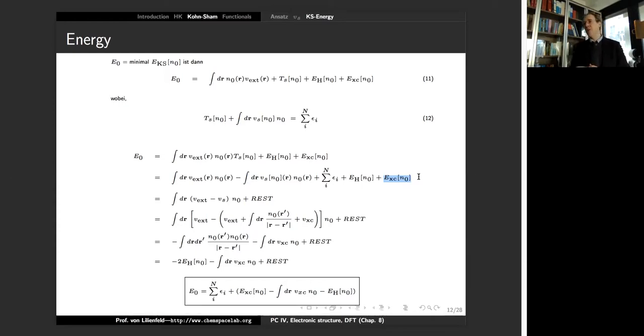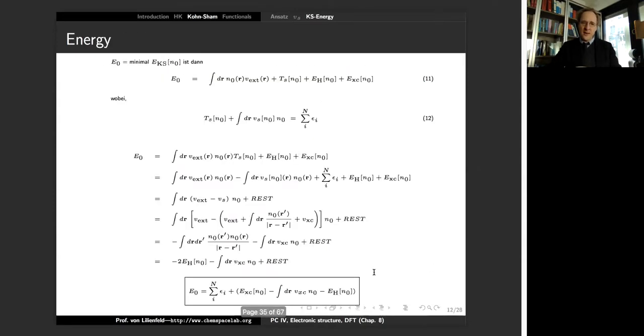If and only if your exchange correlation potential was a homogeneous function, then these two would be related by a simple factor of the degree of your homogeneous function. But this you cannot necessarily assume, okay? So by default, these two are not the same, and in practice, they usually are not.